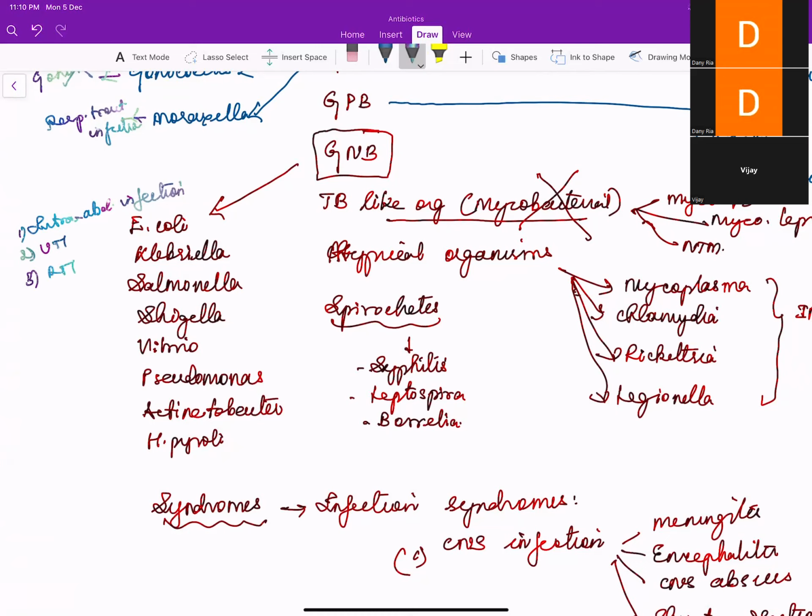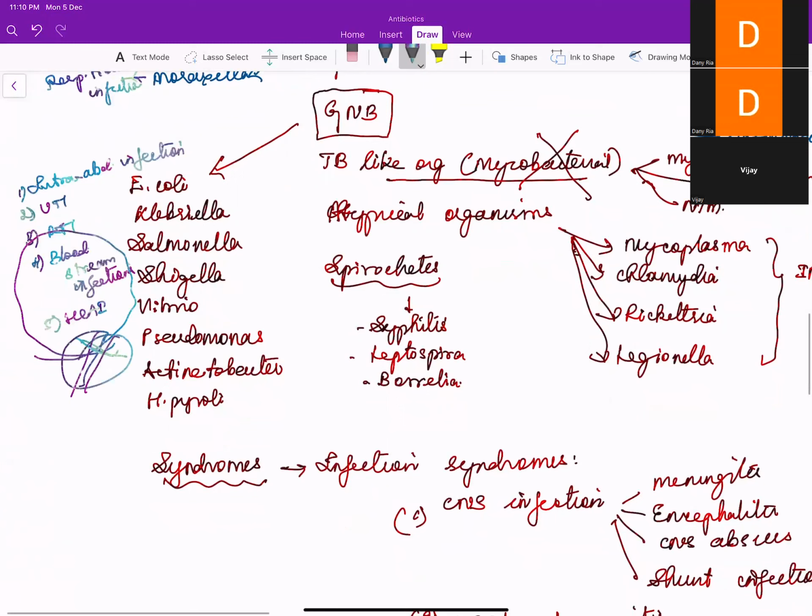Even reproductive tract infection is below the diaphragm: urethritis, cervicitis, pelvic inflammatory disease. And why we are more bothered about gram negative is that they commonly cause bloodstream infections and healthcare associated infections. This is the reason why gram negative is given more weightage.